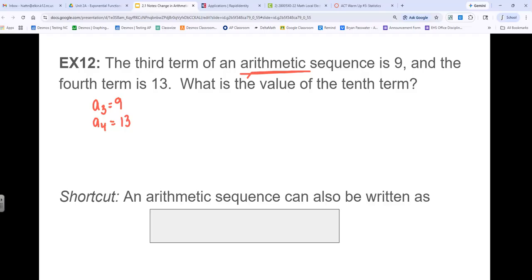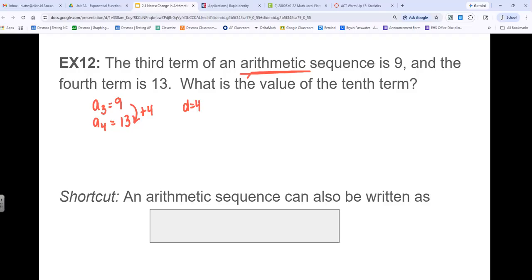Okay. What would the common difference be here? Plus 4, right? Thankfully they gave us two that are right next to each other, so we can pretty easily see that you add 4. They don't have to do that, but a lot of times they will. So my common difference is 4.